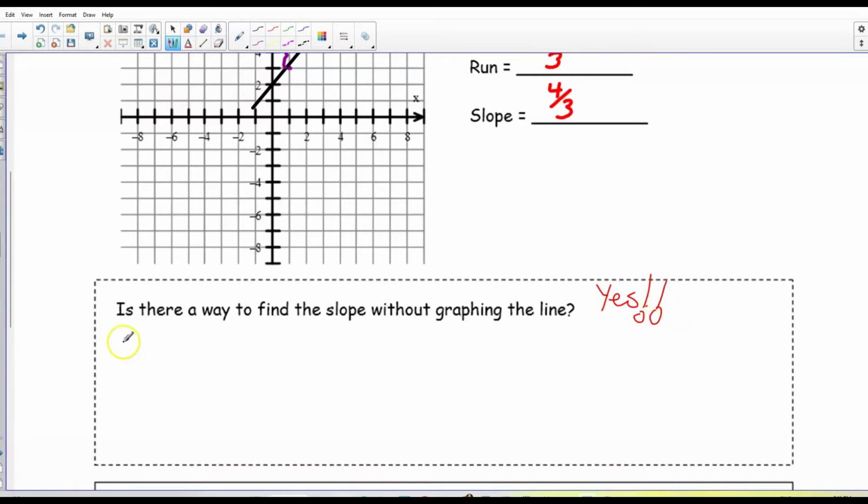So we are going to look at rise, which is the difference in y values from point 2 to point 1.